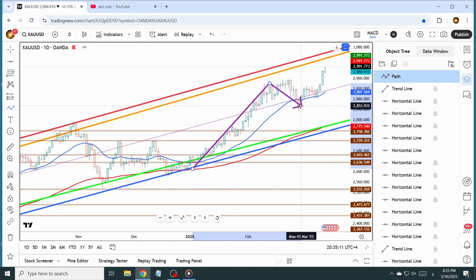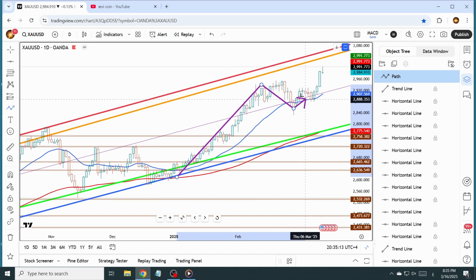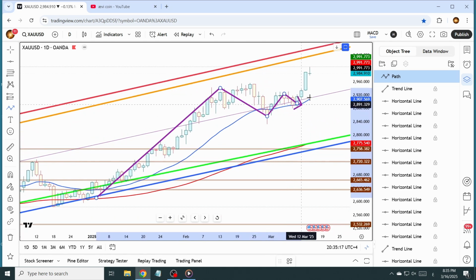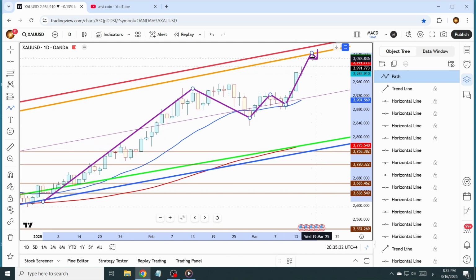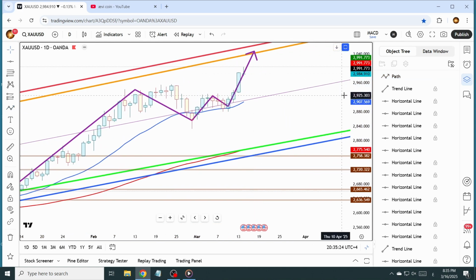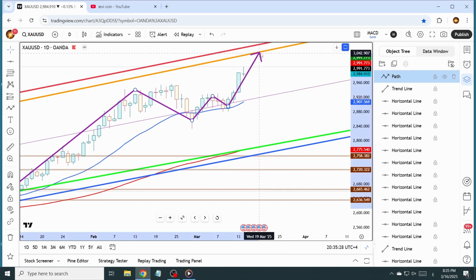Then we have pullback, support, up, pullback, support, and now we are trying to touch the higher level, and now it's trying to touch the higher level of this area here.